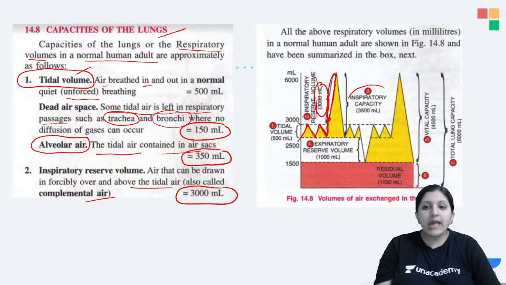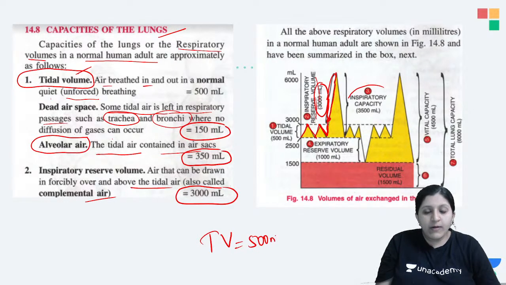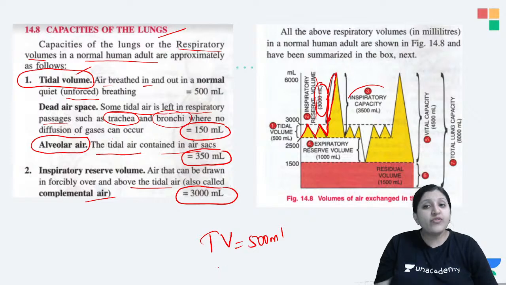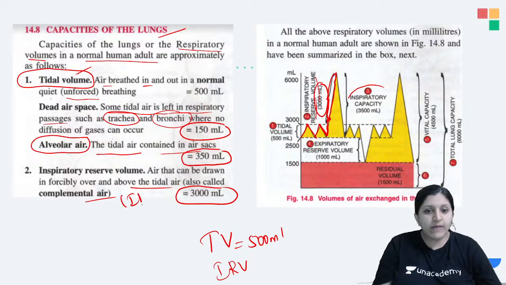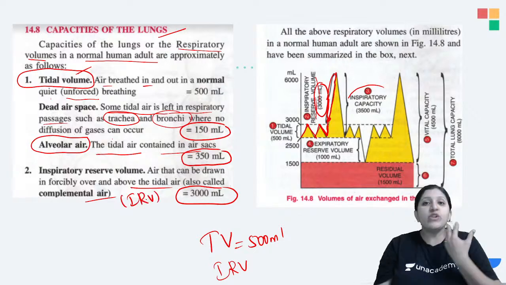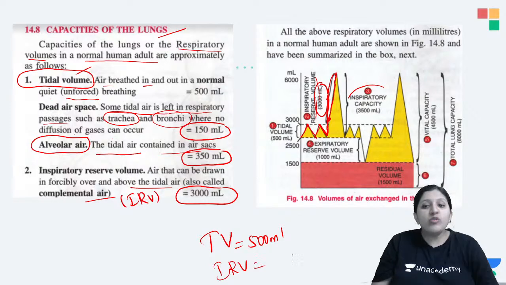See that tidal volume is 500 ml, so this is for normal breathing. Then forcefully, the inspiratory reserve volume, IRV, means when you forcefully breathe in, the extra amount of air you take in is 3000 ml.